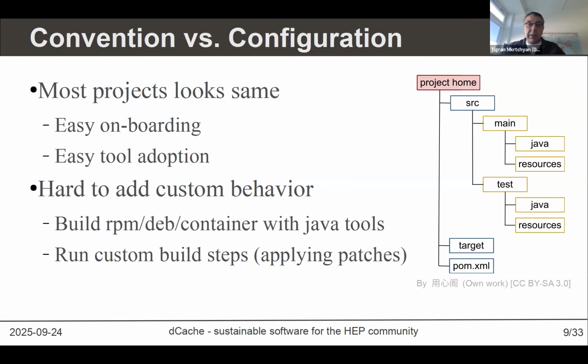Any Java developer that we can get, student or experienced, knows right away where our source code is, where our tests are, how tests are started, and where the dependencies and configuration files are. This makes onboarding pretty easy, and adopting tools pretty easy as well. The downside is that if you do something non-standard, it's really hard to get in. And as dCache is written in Java, for example, producing RPM or Debian packages is pretty challenging.